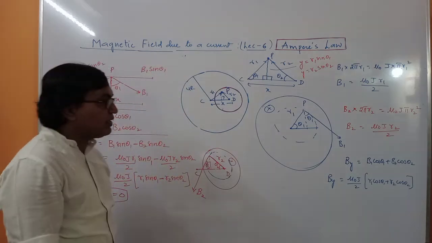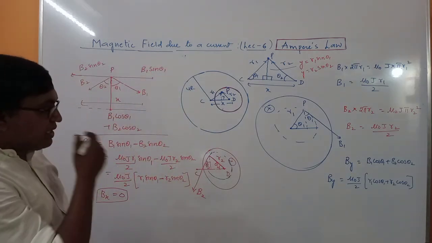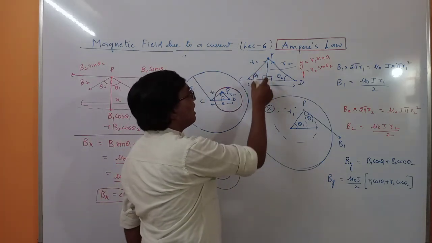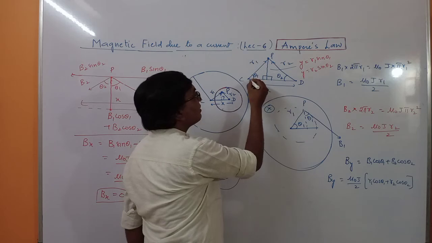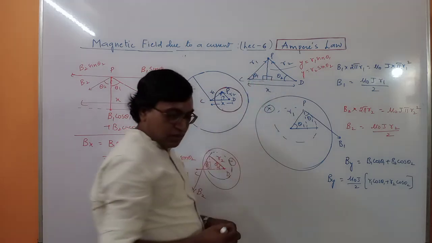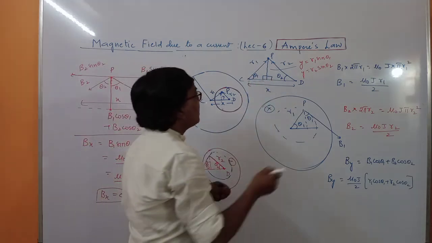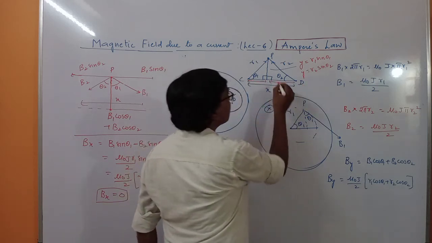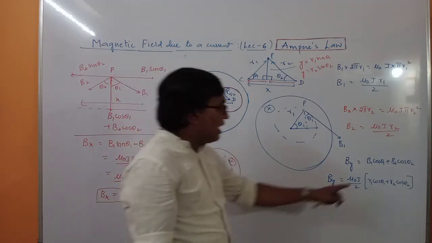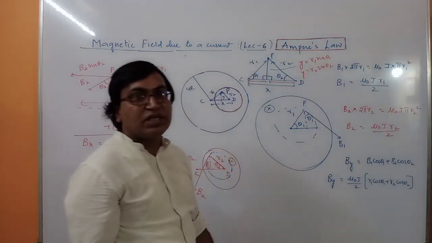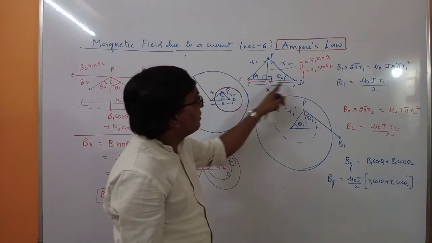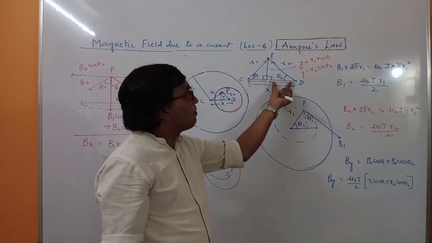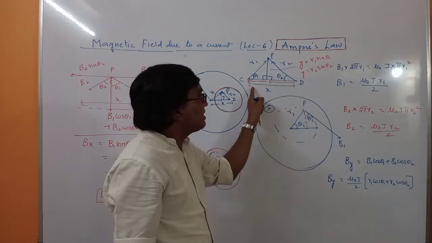Now what is R1 cos theta 1 and R2 cos theta 2? See this triangle. R1 cos theta 1 is this length and R2 cos theta 2 is this length. So R1 cos theta 1 plus R2 cos theta 2 is x. This total is x.